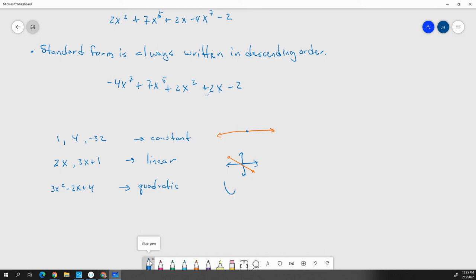When we graph them, they always make a U. Could be like that. Could be upside down. Heck, if it was on the y-axis, it could be like that or like that. But those are always called quadratics, right? They always have that U shape to them.